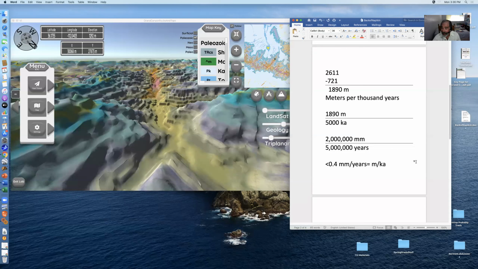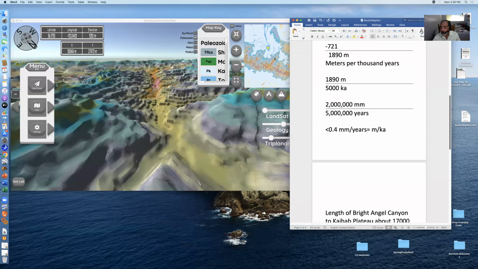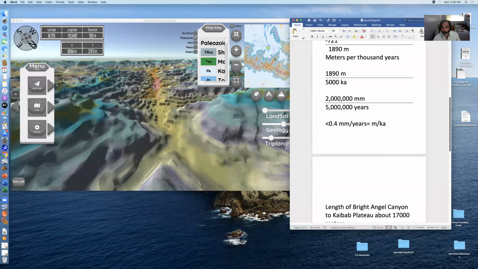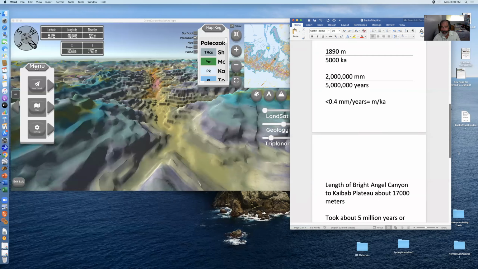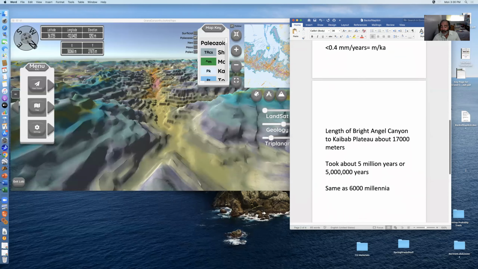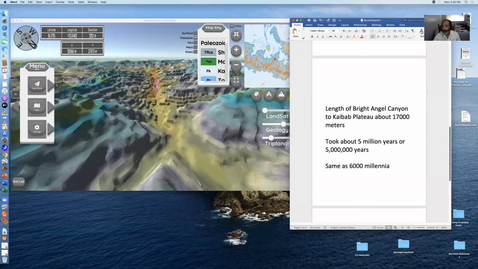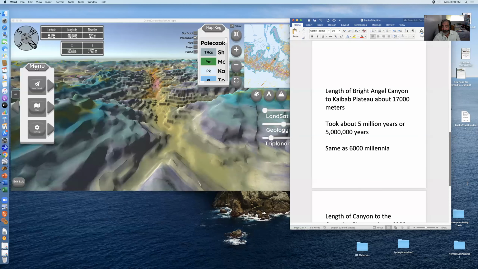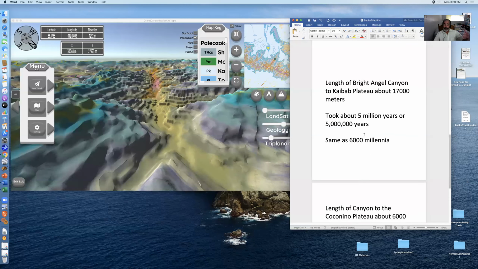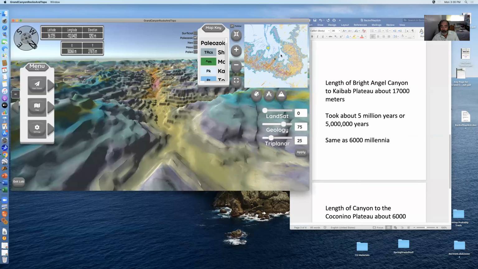The next calculation I'm hoping will be a little bit easier for you to visualize because it's the same concept. Let's look at how fast the Grand Canyon is widening. To know the rate of widening, you need to know the length, how far it is from, let's say, the North Rim down to the bottom of the Colorado River.